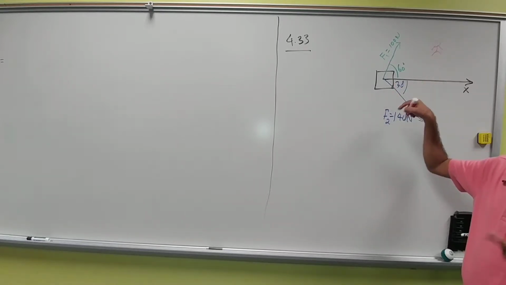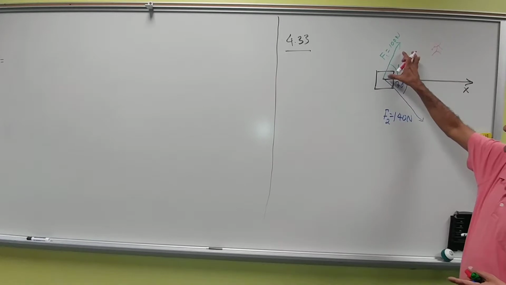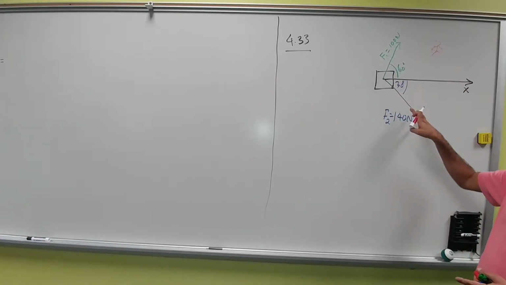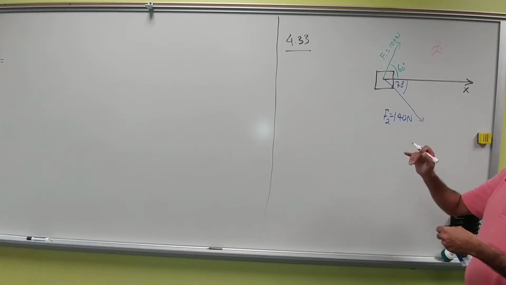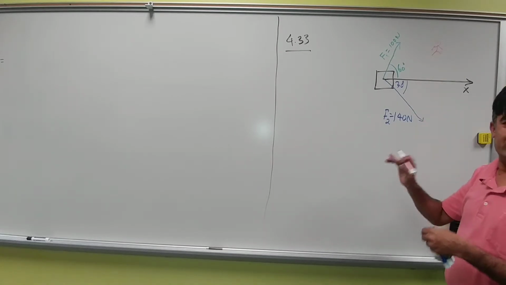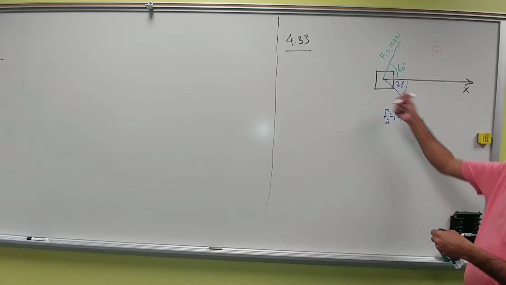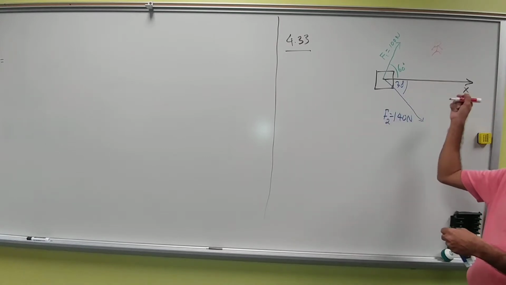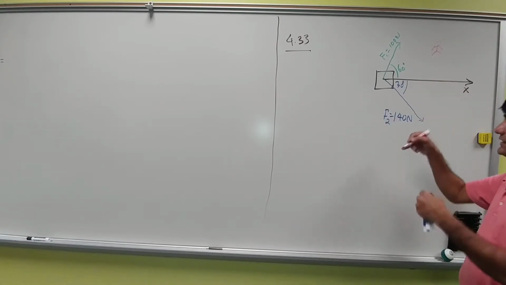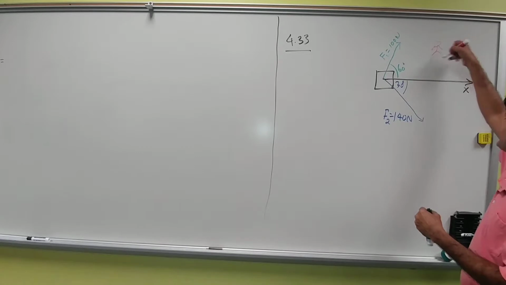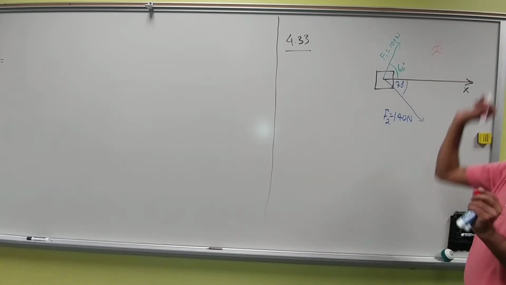In other words, get the y component of this and the y component of this, and that total will not be 0. If the total is 0, then it will go straight in the x direction. So you have to make it 0 with the help of this guy. Is that clear?